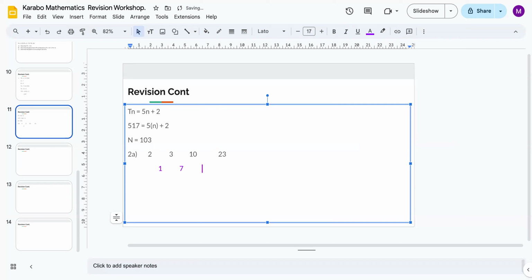And then 23 minus 10 is 13. So these are my first differences. Let me put an arrow here: first differences.